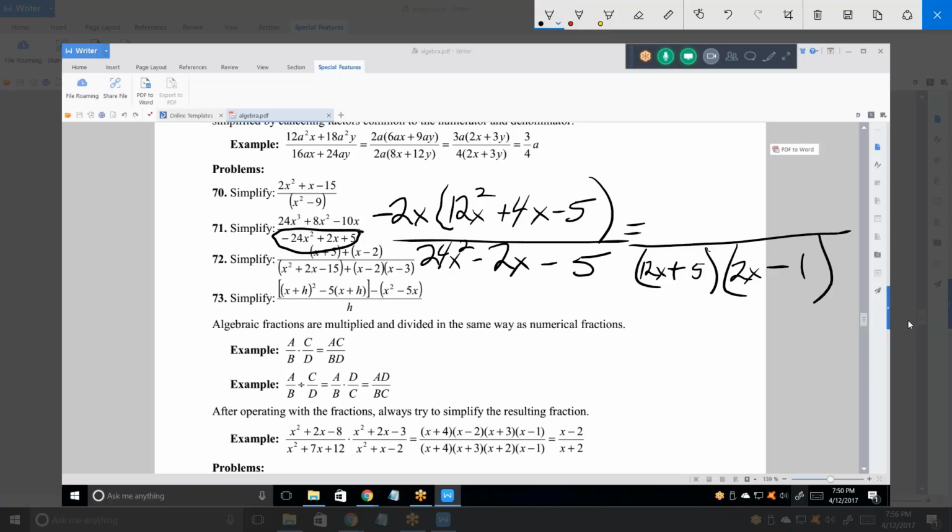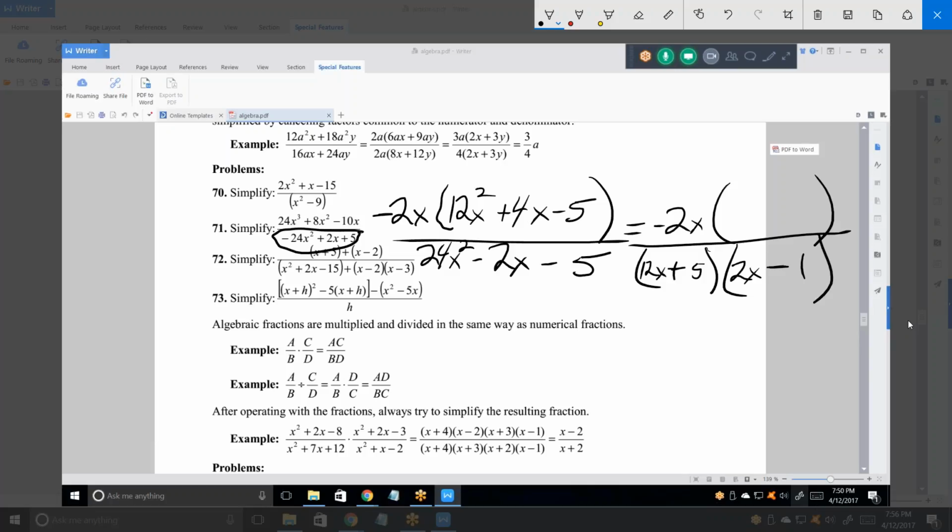That thing probably factors also. Still got the minus 2x. And let's see, if I multiplied that by x minus 1, that would not give me that top term.